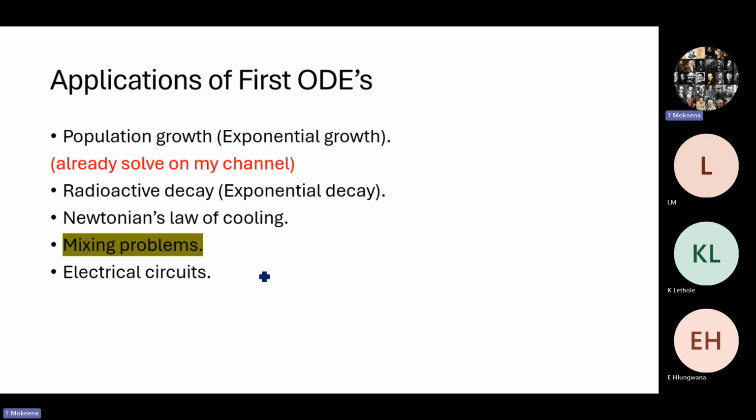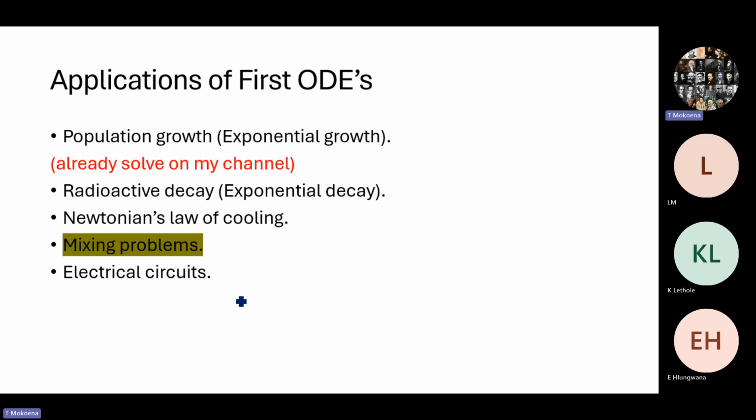So honestly, we can't expect mixing problems to come again, because now we are heading to the exam. We can't repeat one thing over and over again. What about the other applications? Why do we always keep on doing mixing problems? So for today, let's just not do it. It's just the logic.